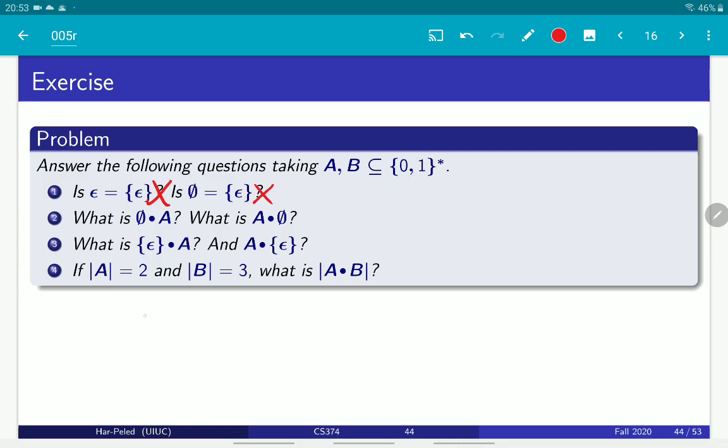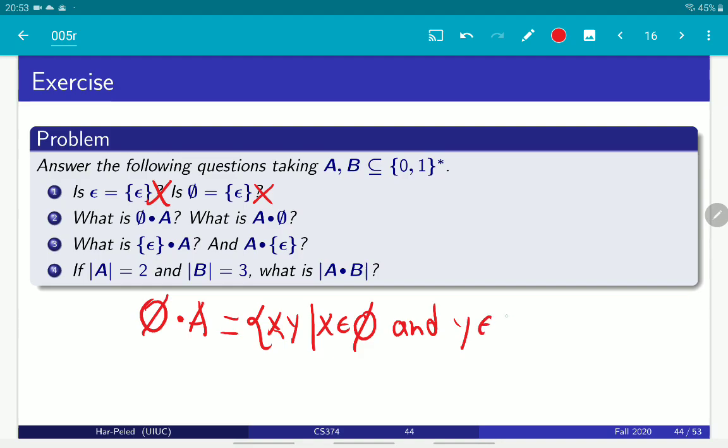Here's a more interesting question. What is the concatenation of the empty set and A? Well, it's going to be all the strings xy such that x is in the empty set and y is in A. Now, of course, there are no strings in the empty set, so this condition is never going to be fulfilled.